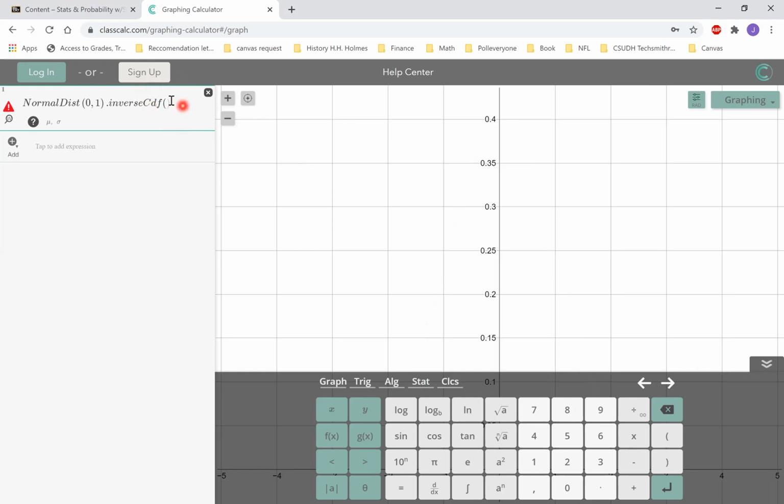If you remember, we said the probability to the left was 0.85. So you're just going to enter 0.85. And there you have it. Now it gave me the Z value, and it's telling me the Z value is 1.036.